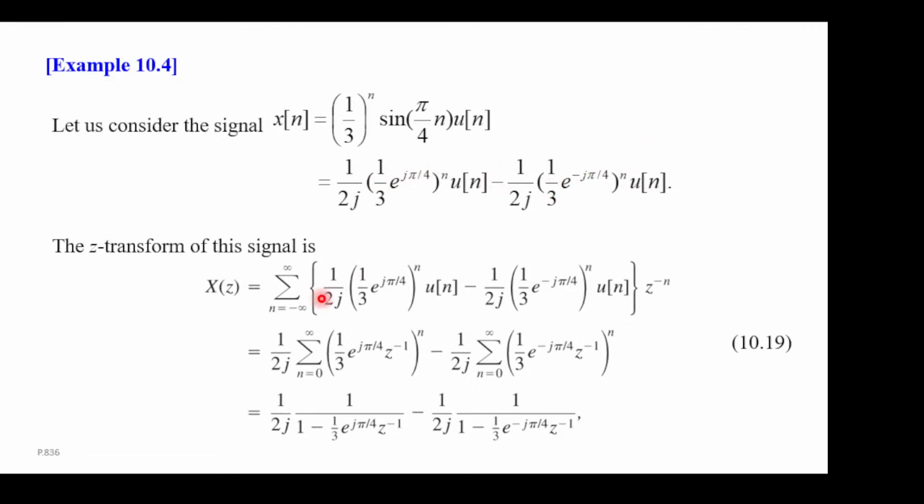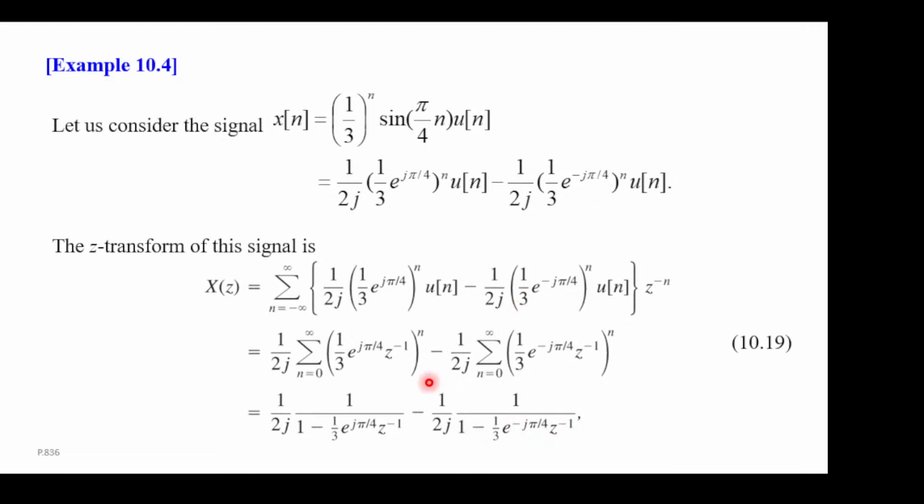So you do the Z transform, and you basically just plug in the formula. It's 1 over 2j minus 1 over 2j, and the Z transform of each is 1 over 1 minus a z to the minus 1, with a1 being 1 over 3 e to the j pi over 4, and a2 being 1 over 3 e to the minus j pi over 4.